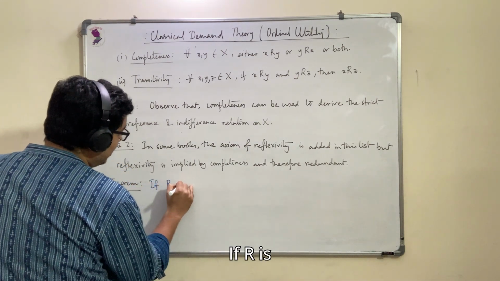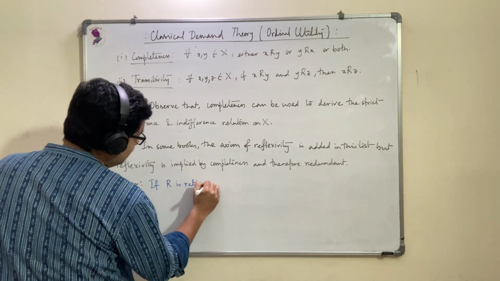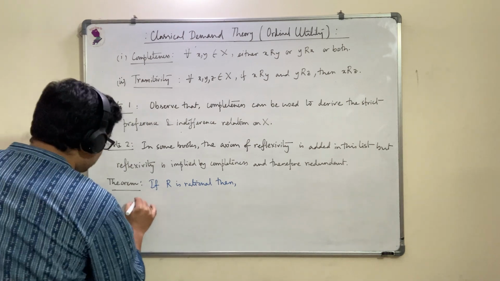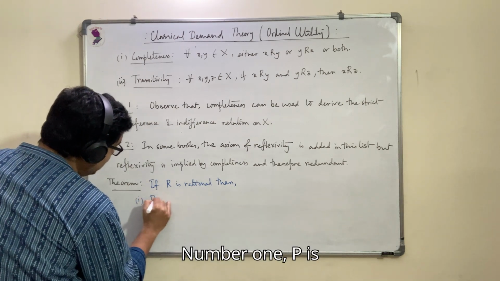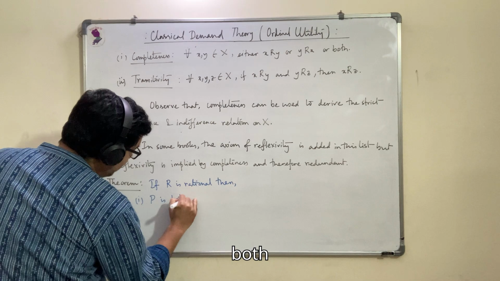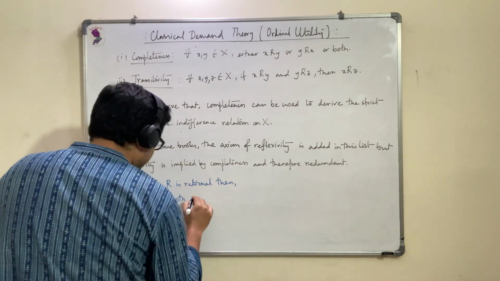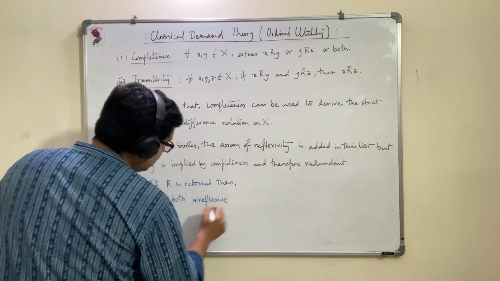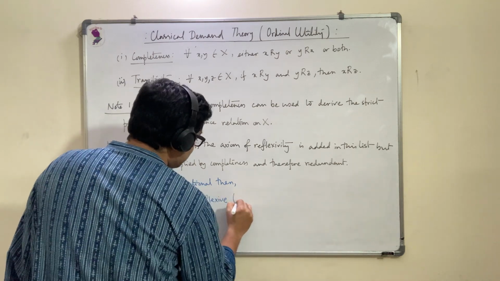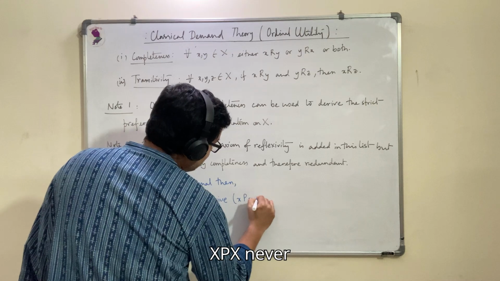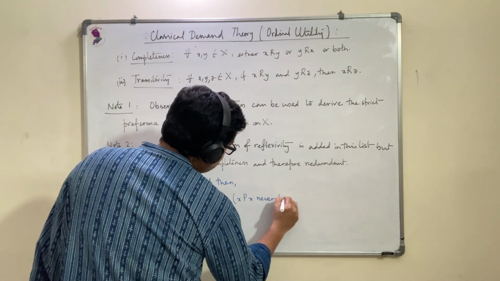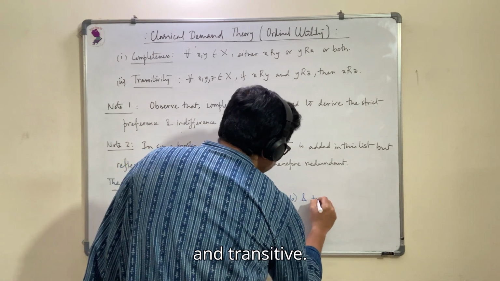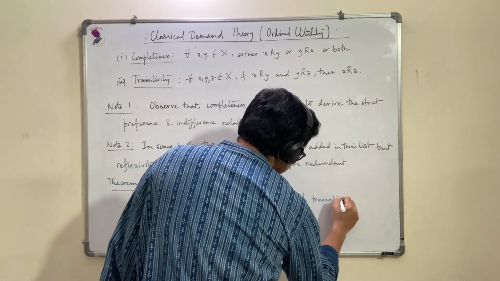If R is rational, then number 1, P is both irreflexive, which means x P x never holds, and transitive.